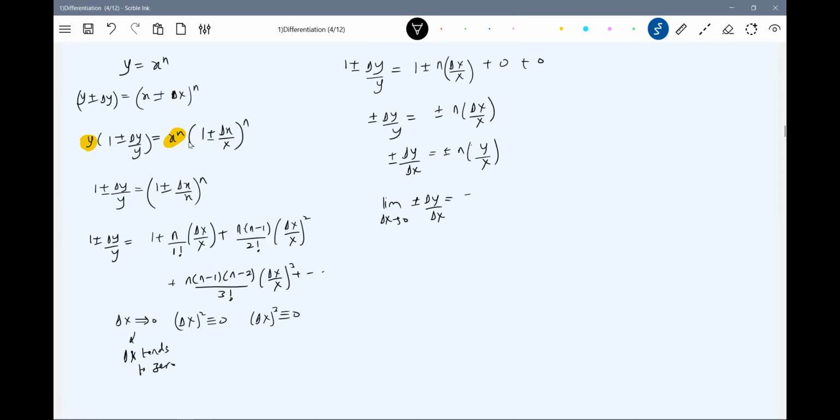So this will now become n into, what is y? Y will become x to the power of n. Keep it here. Now, what is this quantity? Limit delta x to 0. Better write plus or minus here. So what is it? You have made delta x so small that it tends to 0. Then correspondingly, y also will become very small. Then this will become dy by dx.